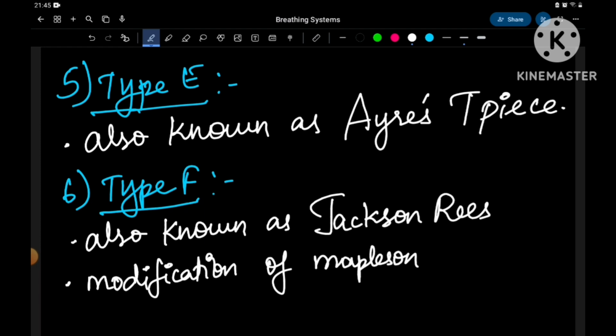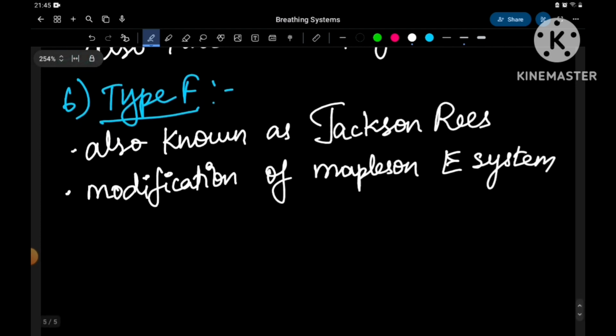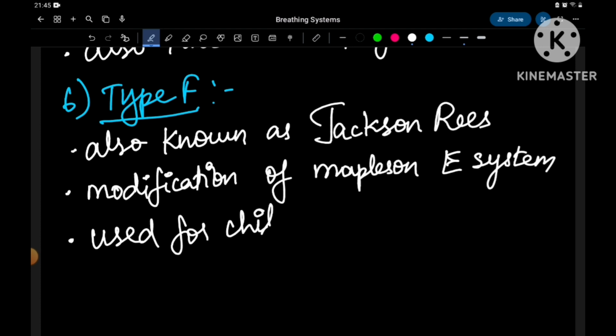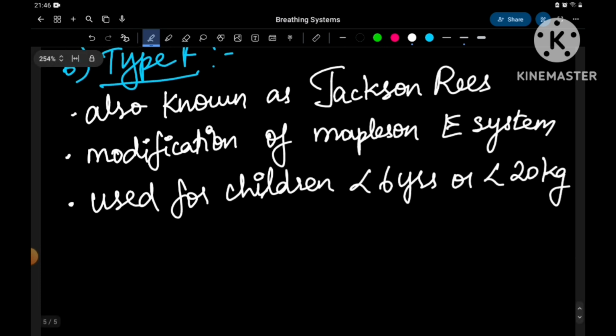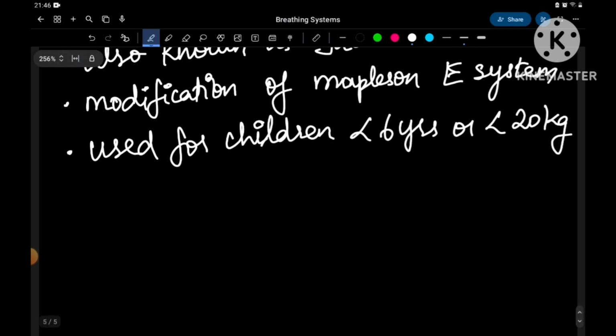It is Bain circuit, right? It is mainly used for children less than 6 years or less than 20 kilogram, right? Okay, it's used for children less than 6 years or less than 20 kilogram.